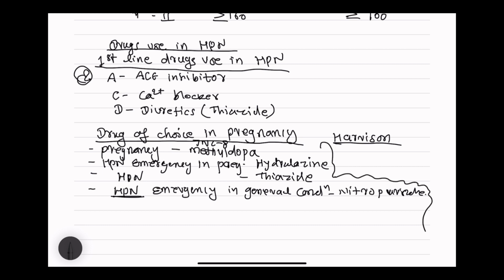But Harrison is a very standard book, so we also have to know about this. Harrison recommended labetalol as the first line drug for hypertension in a pregnant woman, and it can be given orally. But in a hypertensive emergency we give the same drug, labetalol, but it should be given IV.